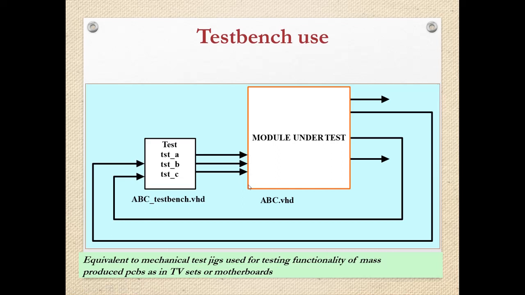If you want to test its functionality, we need to apply a set of test inputs, TST-A, TST-B and TST-C. With the help of one test bench code, which is again a .vhd file, we can apply the set of inputs and then check the output, which can be compared with the standard reference, and we can check whether the unit under test is okay or not okay.